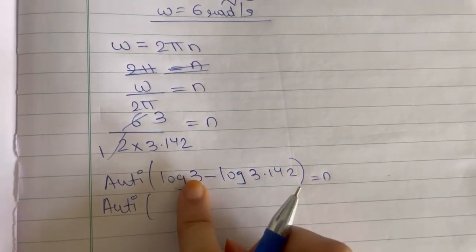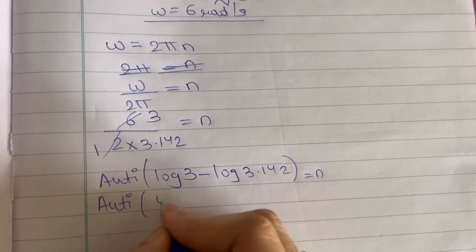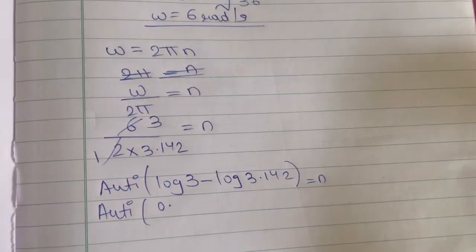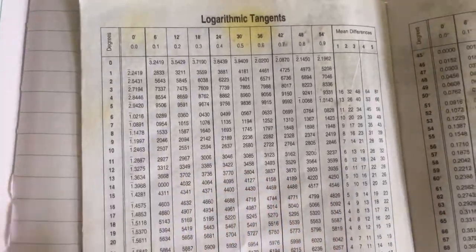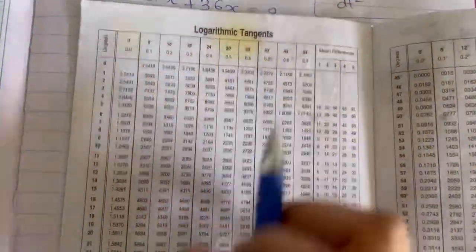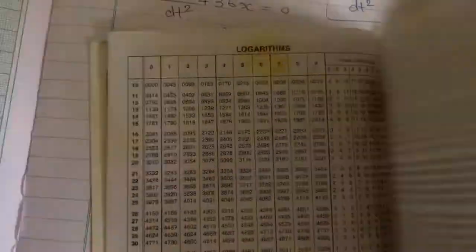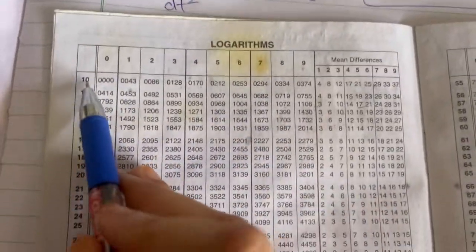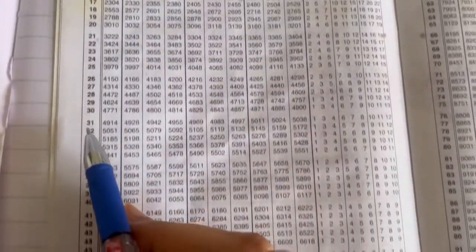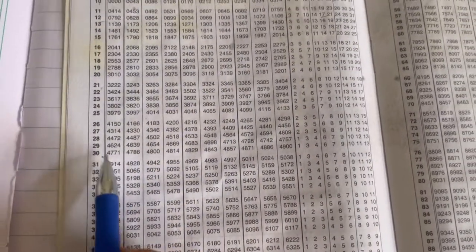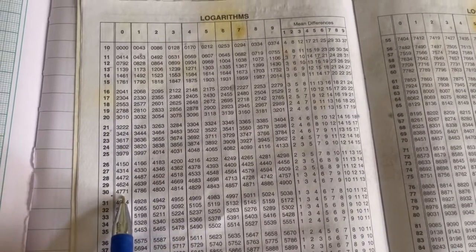Now you have just one digit, so 1 minus 1 is 0, 0 point. You look for the log of 3. Now you don't have 3 in the logbook table. This is logarithmic tangent. We'll look for logarithmic. Yes, here it starts with 10. So you'll go for 30, and in that you will look for the column of 0, that is 4771.